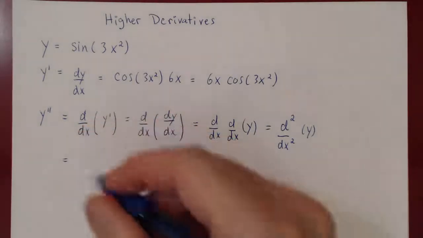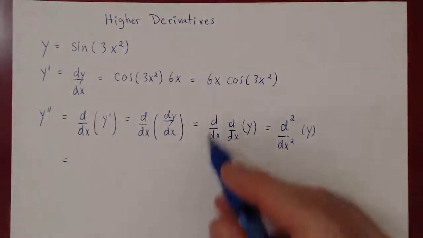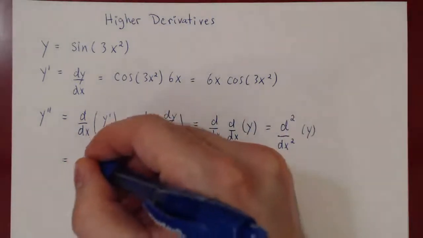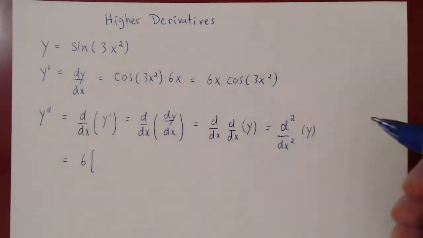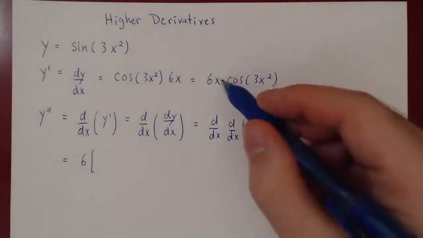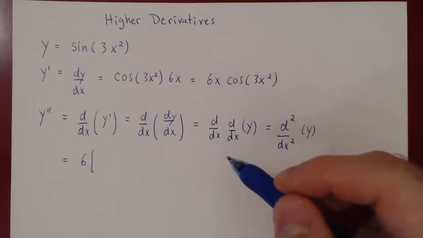And now let's compute this. This is the derivative of the derivative. So here we have 6 times this, but 6 is a constant multiple, so it will stay up front. And now we have to use here the product rule. This is x times cos of 3x squared.